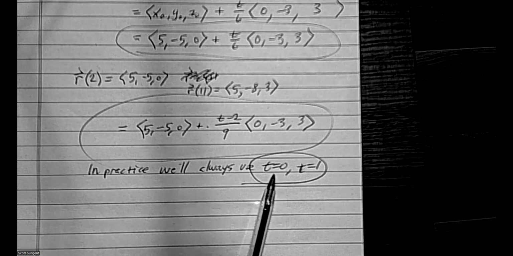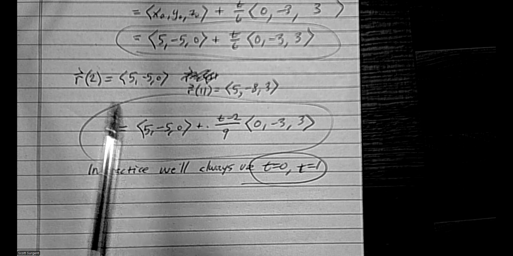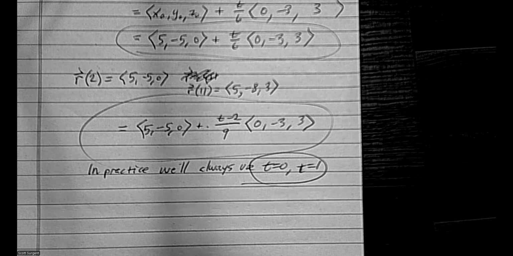And I'd rather you be integrating from 0 to 1 than from like 2 to 11. So a lot of times when you're parameterizing a path, you're trying to think, what are the nice bounds? And 0 and 1 is real nice. So it may not be really obvious now, but later on, this will become a big deal.